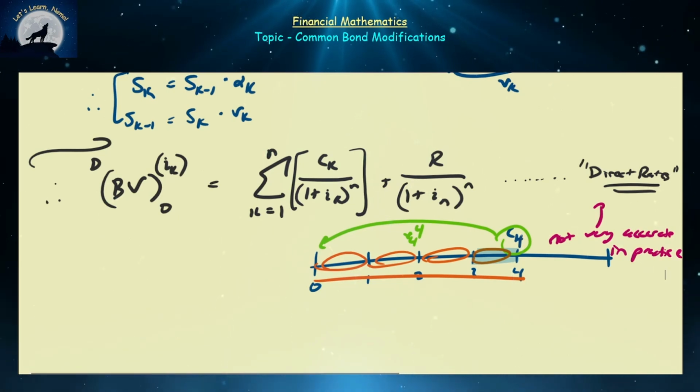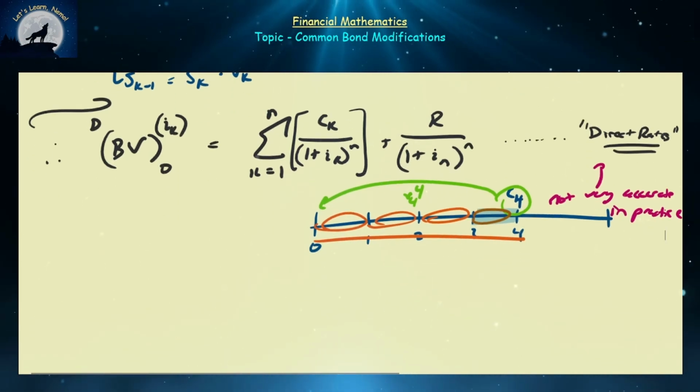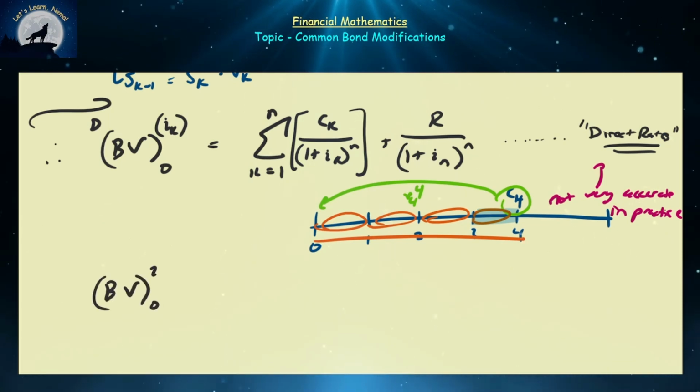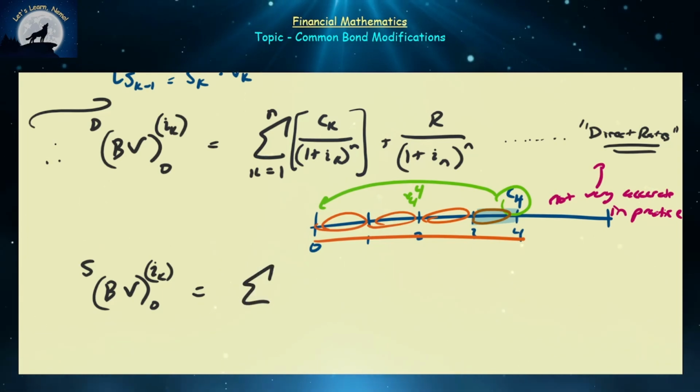But what we can do is use all rates in between. We're going to represent this as BV0 with i_k's, where we use every rate sequentially with respect to each other. Actually, I'm not going to write it as a sum quite yet. So we have our C1, C2, C3, and so on.